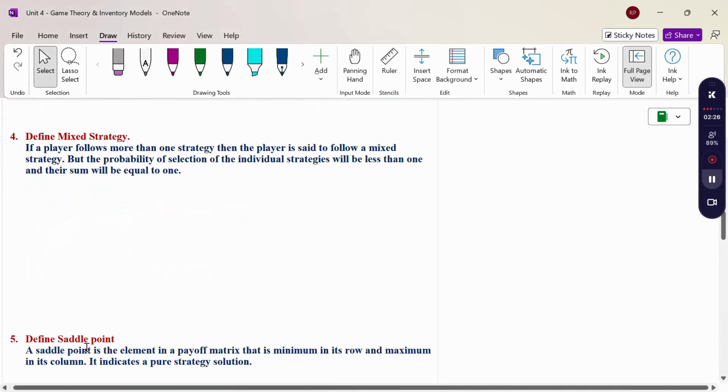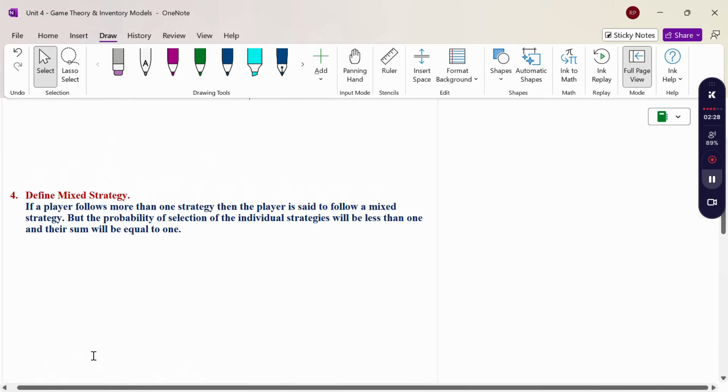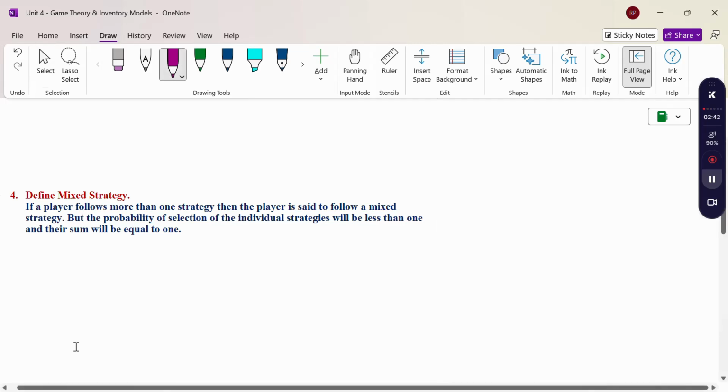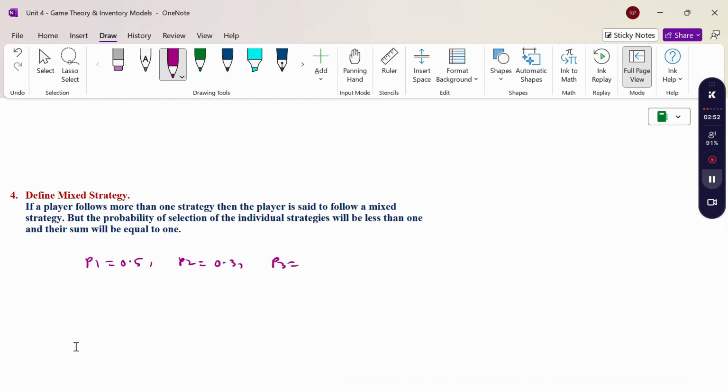Define mixed strategy. If a player follows more than one strategy, then the player is said to follow a mixed strategy. The probability of selection of each individual strategy will be less than 1, and their sum will be equal to 1. Suppose p1 = 0.5, p2 = 0.3, p3 = 0.2.